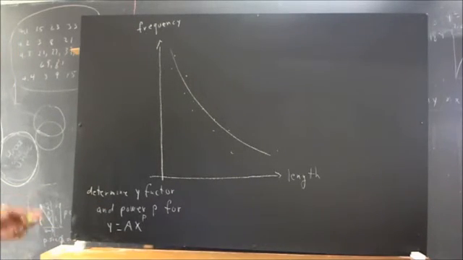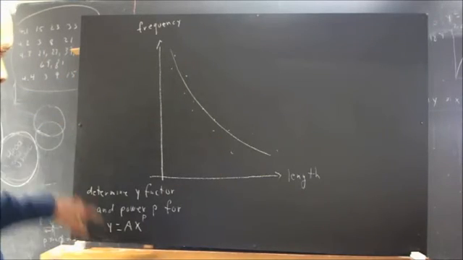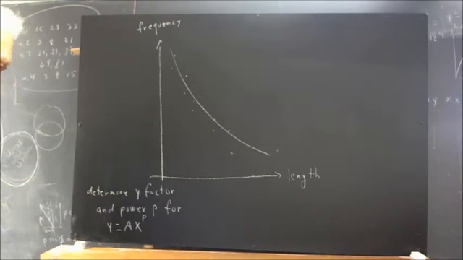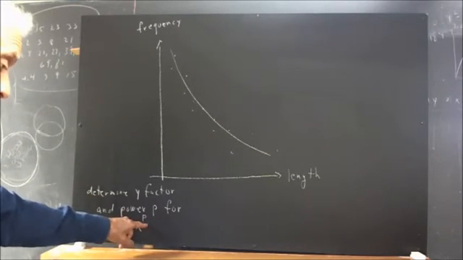Okay, but having obtained the data, we can determine the Y factor and the power, and remember that the power is the log of the Y factor divided by the log of 2. That'll give us our power P.